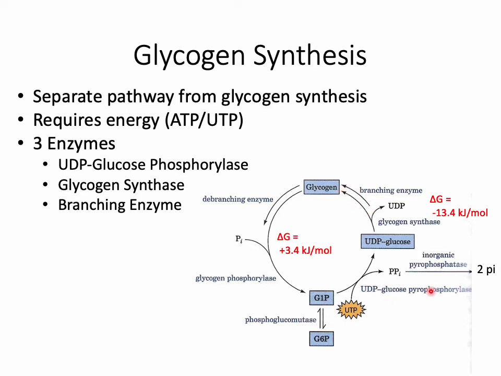We've got UDP glucose phosphorylase, we have glycogen synthase, and then finally we have branching enzyme. Note that the synthesis of glycogen does require an input of energy in the form of UTP, which is basically the equivalent of ATP except with a uracil rather than an adenine, but the energy content is relatively the same.